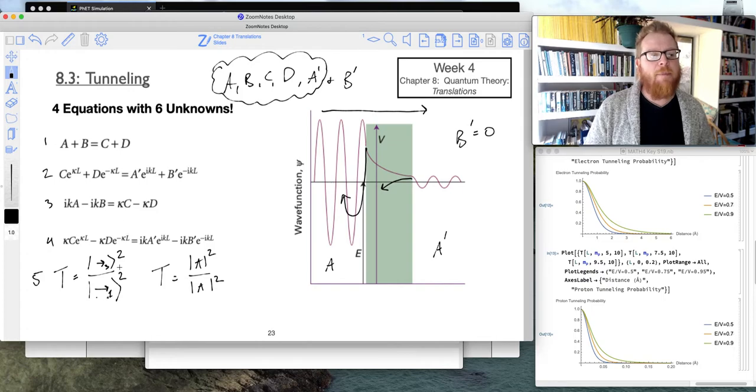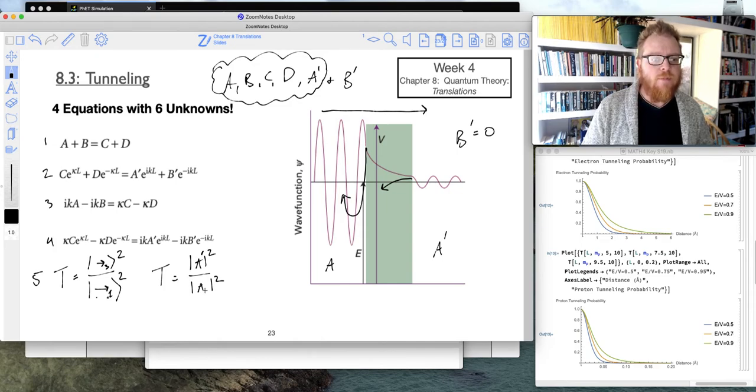And so this idea now reduces to the square modulus of A prime, the region 3 normalization constant, over the square modulus of the region 1 constant.